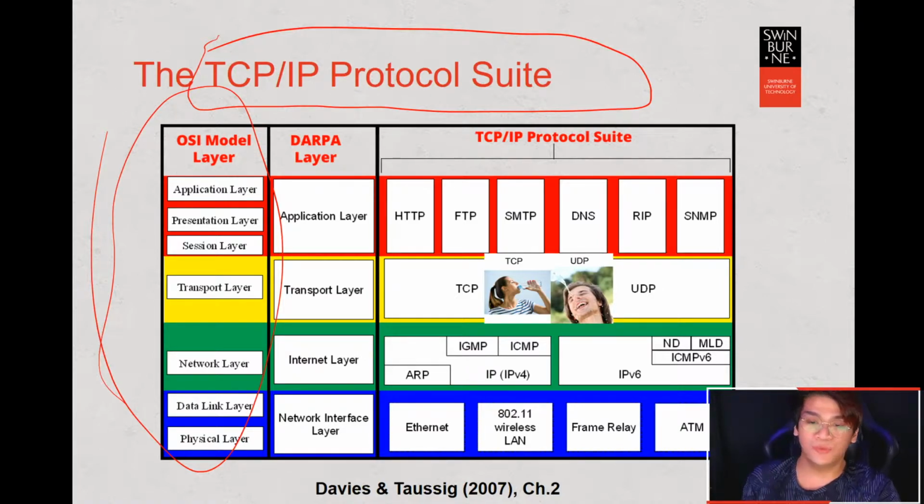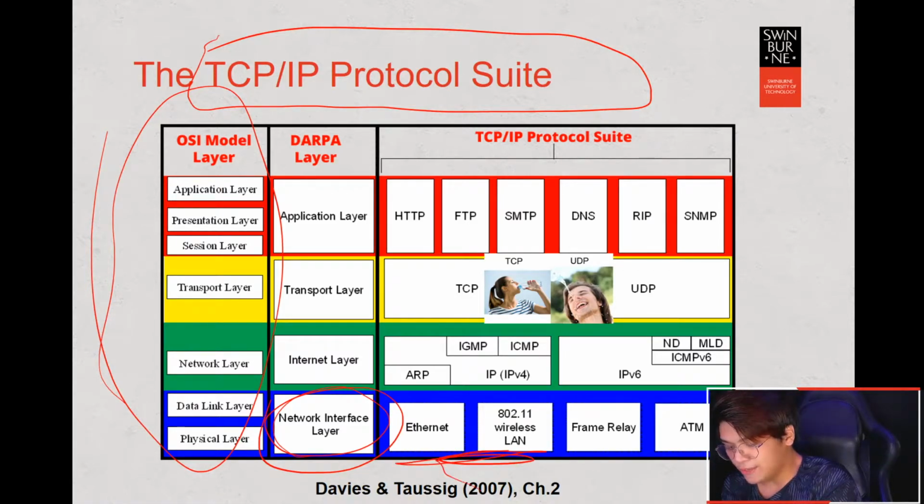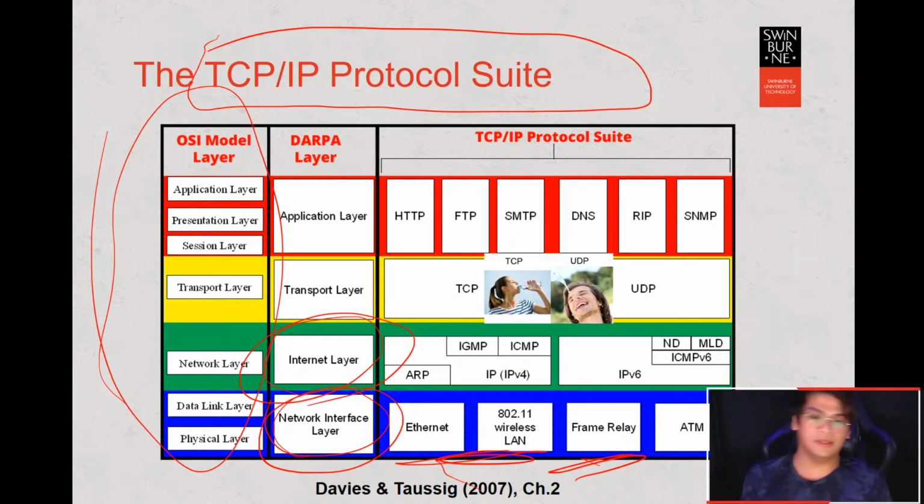These layers are the network interface layer, which consists of the media connection and frame relay. Next, we have the internet layer, which consists of the IPv4 and IPv6 protocols.